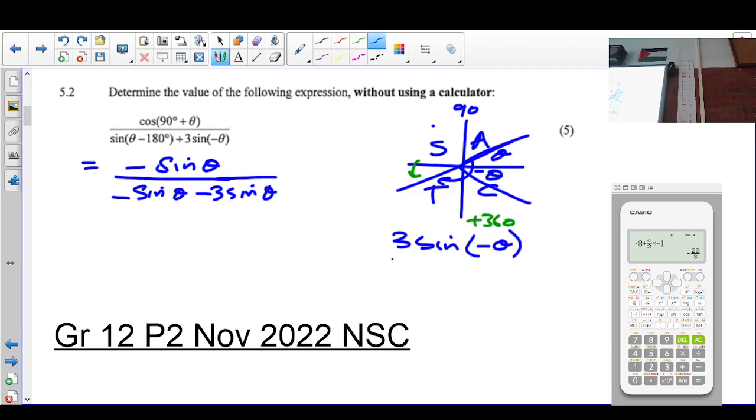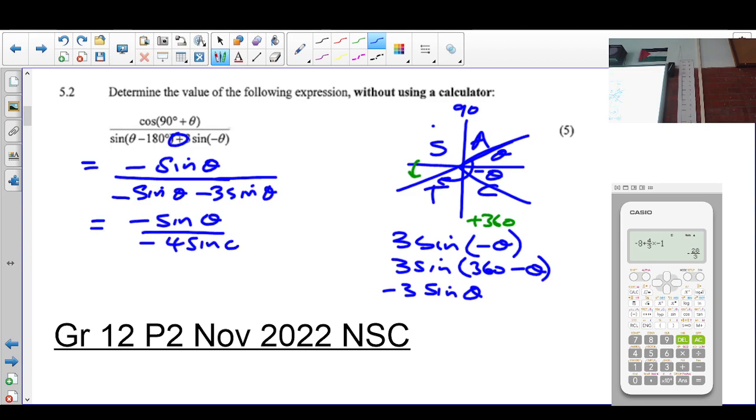Remember, we add or subtract 360, it doesn't change the value of anything. So that is simply 360 minus theta, which takes you into the fourth quadrant. Sine is negative sine theta. Okay, and times the positive, of course, is negative. Which now gives us negative sine theta over negative 4 sine theta. Sine thetas cancel, leaves you with 1 over 4. Okay.